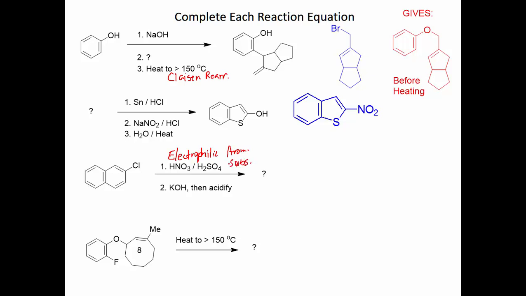All right, so chlorine is an ortho-para directing group, so chlorine is sending our substituent here or here. Okay. All right, and so what's going to happen here? Well, it's actually going to go here.